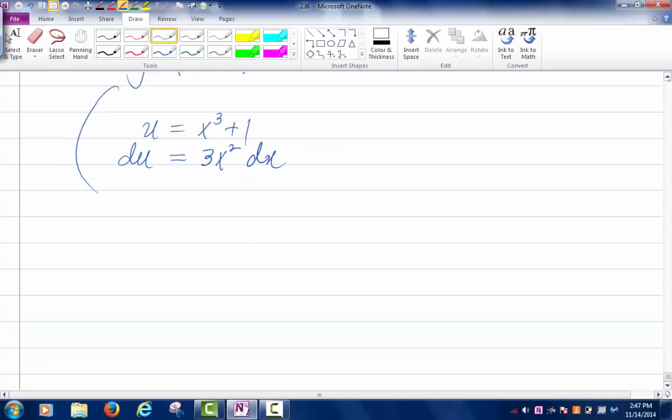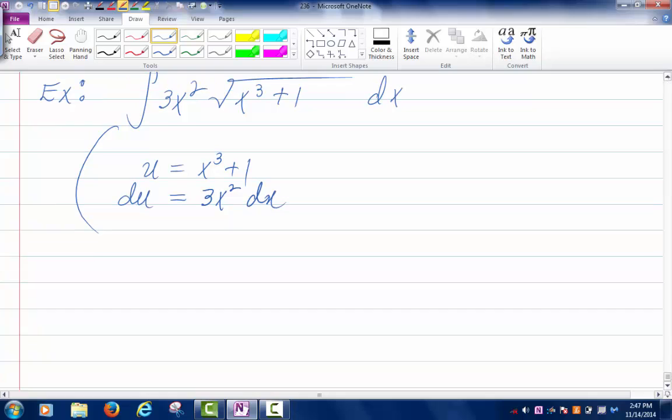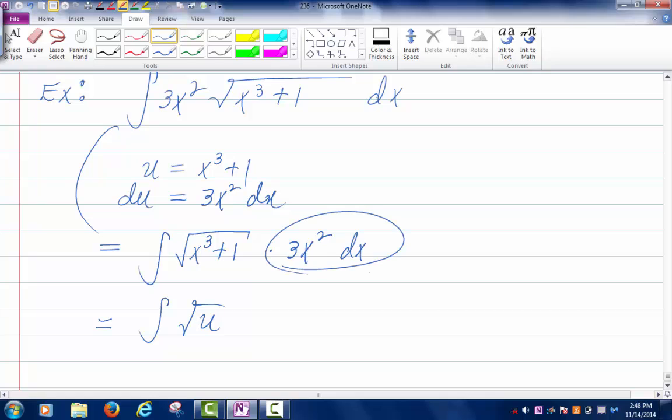That integral would be equal to, first of all, let me rewrite the integrand as root of x cubed plus 1 times 3x squared dx. And now I didn't change anything yet. I'm going to make the substitution. So I'm going to replace x cubed plus 1 by u. And then this guy becomes what? du.